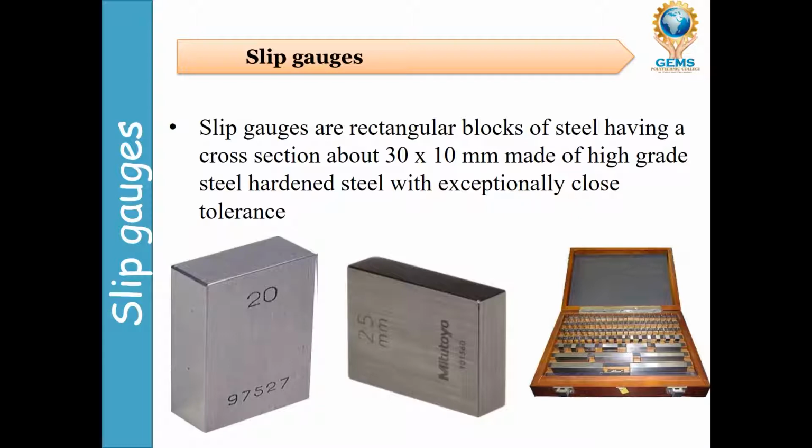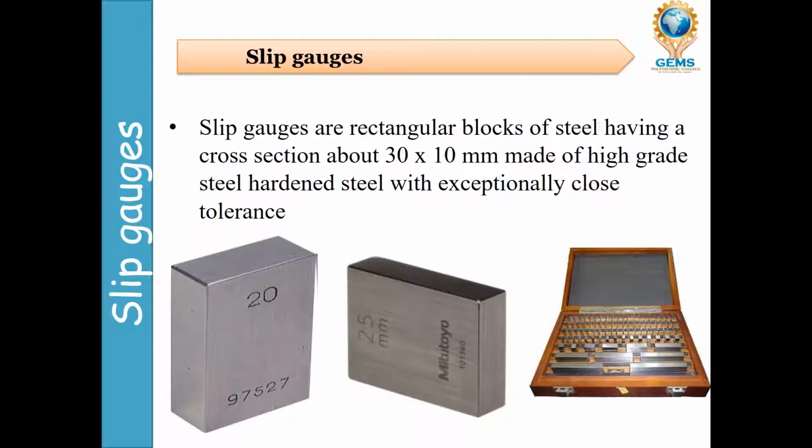If you see in this picture, these are the slip gauges. In the box, a set of slip gauges of different sizes is available. They are rectangular blocks, 10 mm width and 30 mm height.